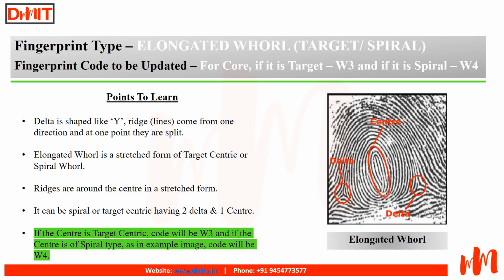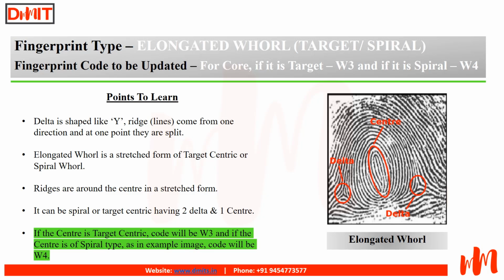If the center is target centric, that is if it is an elongated target centric, the code that we have to update is W3. And if the center is of a spiral type, if it is an elongated spiral type center, as you can see in the image that has been placed in the example, the code will be W4.